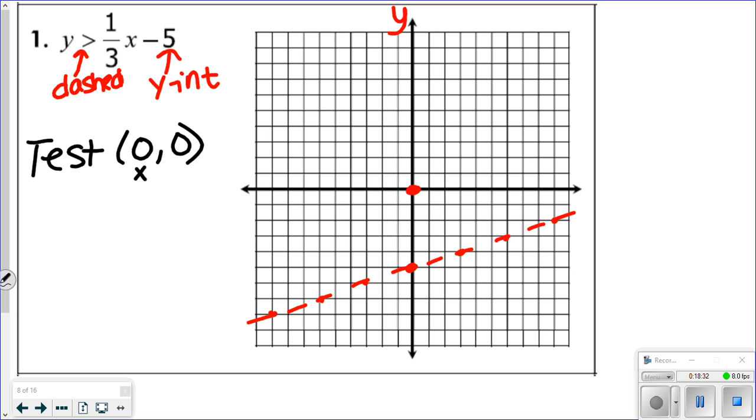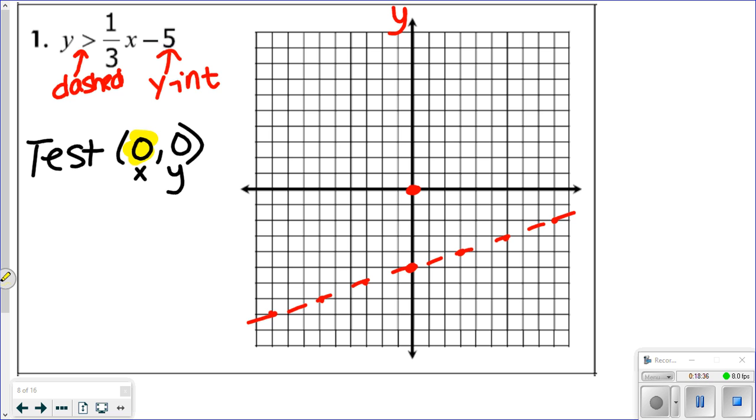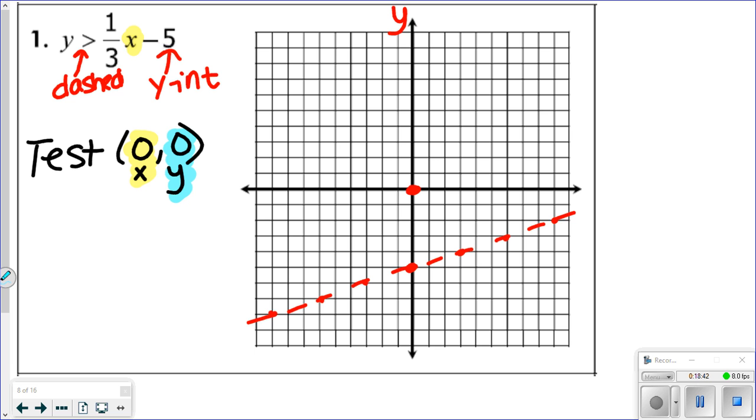Okay, so what that means is we are going to take this 0 and plug it in here for x, and take this 0 and plug it in here for y. So 0 is greater than 1/3 times 0 minus 5. These cancel.